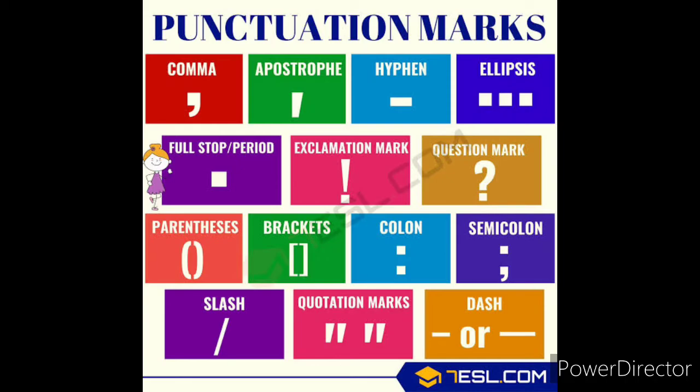Here are a few punctuation marks. First one is comma, second one is apostrophe, third one is hyphen, fourth one is ellipsis, fifth one is full stop, sixth one is exclamatory mark, seventh one is question mark, eighth one is parenthesis, ninth one is bracket, 10th one is colon, 11th one is semicolon, 12th one is slash, 13th one is quotation mark, that is double quotation, 14th one is dash.